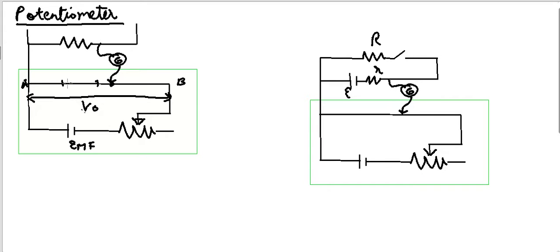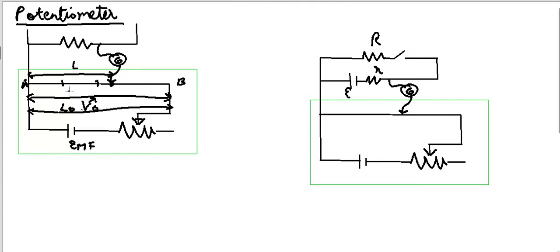So at any point inside the potentiometer, say at a distance L, where the total distance is L naught, from here to here the total distance is L naught with a potential difference of V naught.